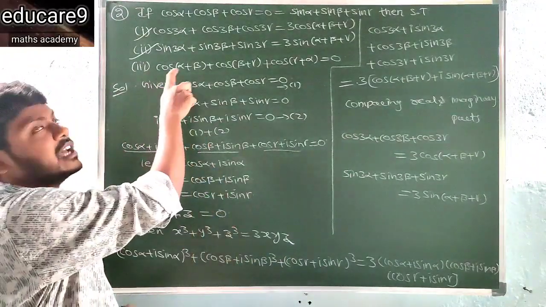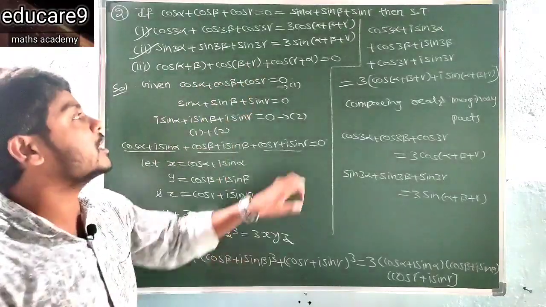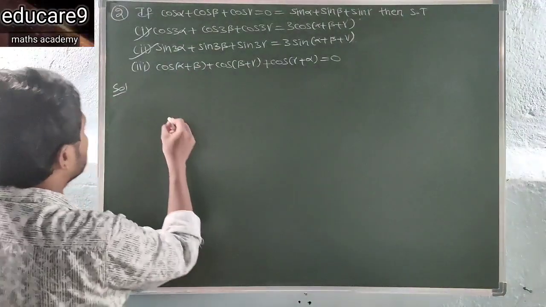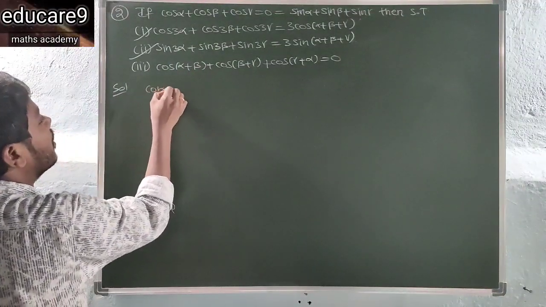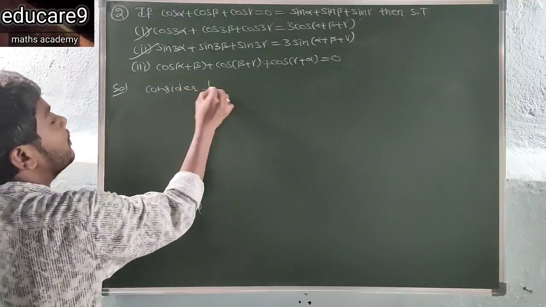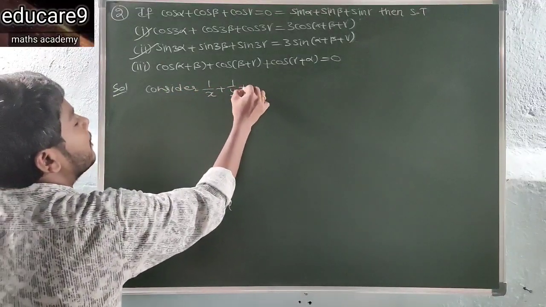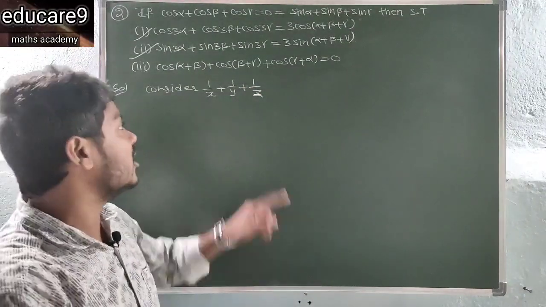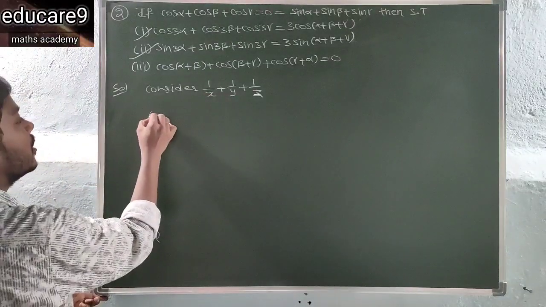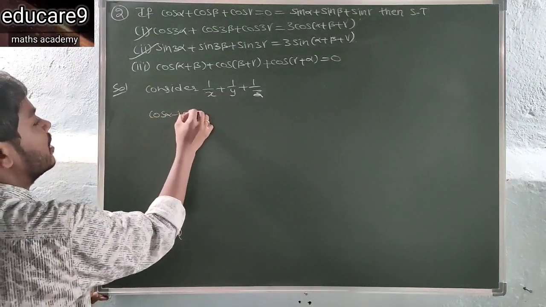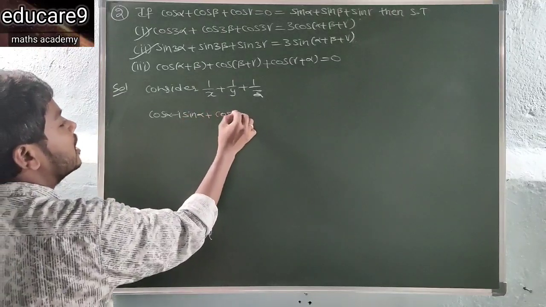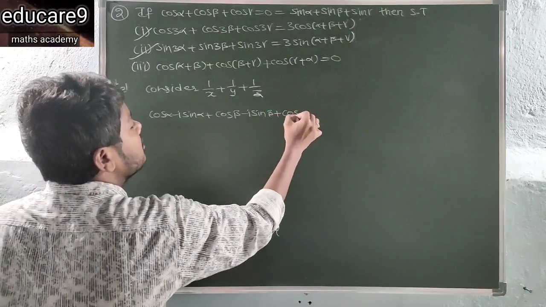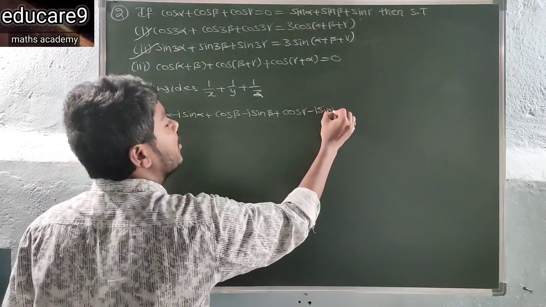And third one, cos of alpha plus beta plus cos of beta plus gamma plus cos of gamma plus alpha equals to 0. So here for this, consider 1 by x plus 1 by y plus 1 by z. So you know that x is cos alpha plus i sin alpha and 1 by x is what? cos alpha minus i sin alpha, and 1 by y is cos beta minus i sin beta, and 1 by z is cos gamma minus i sin gamma.